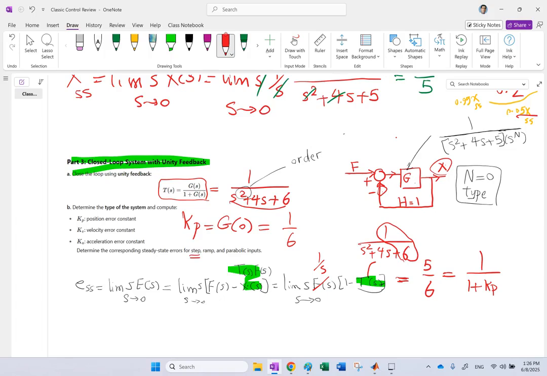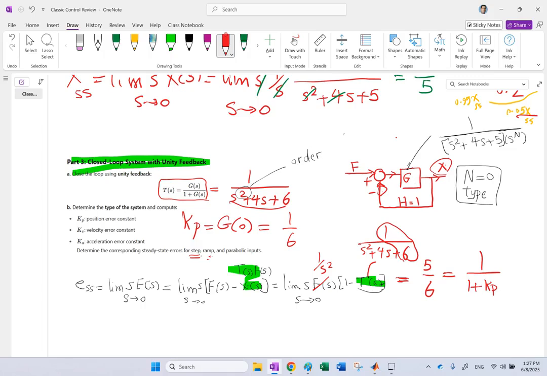Okay, what about Kv and Ka? Well, for those here, we can look at other types of inputs. For instance, we can look at the ramp. So if ramp is there, then this is going to be 1 over s squared. And this one is going to be 5 over 6, but here you have 1 over 0, so it's going to be infinity.